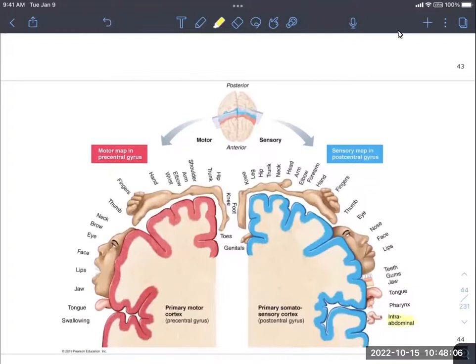Our intra-abdominal, so what we're feeling in our whole abdominal area. The pharynx, that's down in the back of our throat, down where our voice box is.